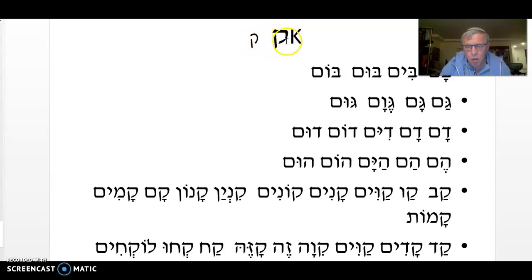Even though this is squared off and this is rounded, it's the same idea with a line next to it, not touching, and this is the sound K. If you remember, we had a letter Kaf, which had a dot in the middle to form K, and without a dot, it was Ch. So the Kaf with a dot and this letter Kuf make the same sound.